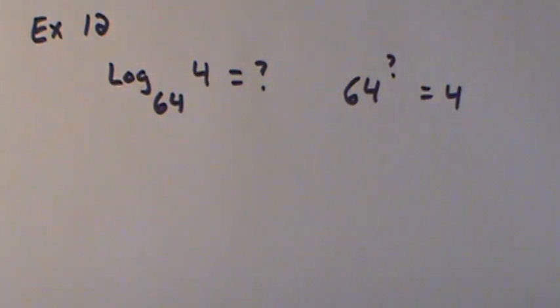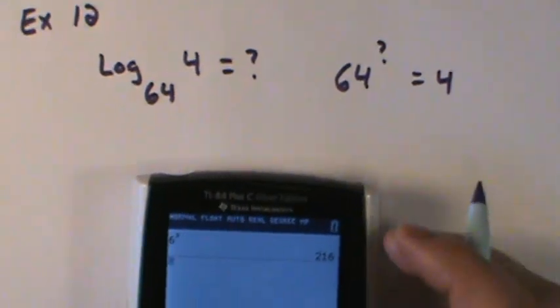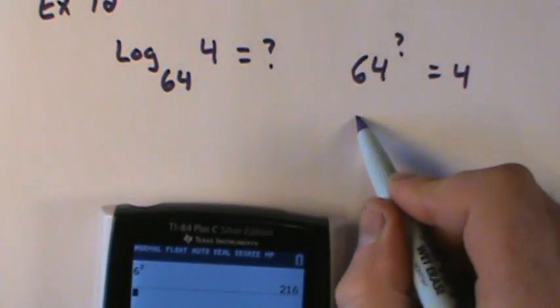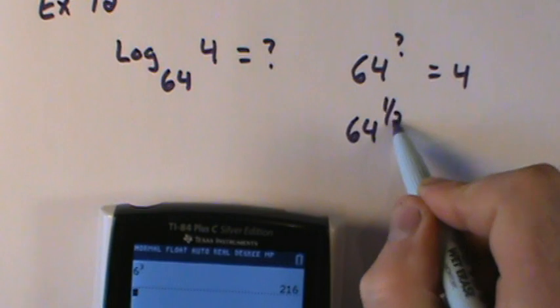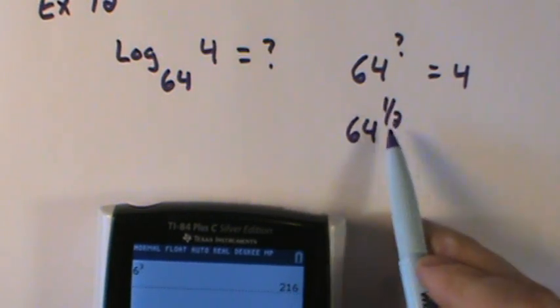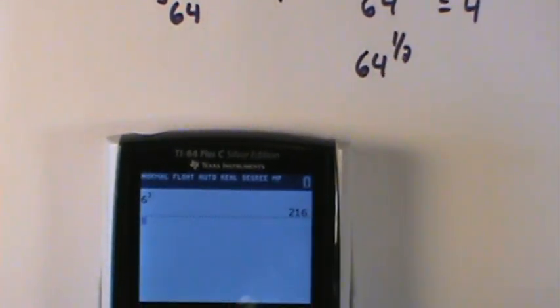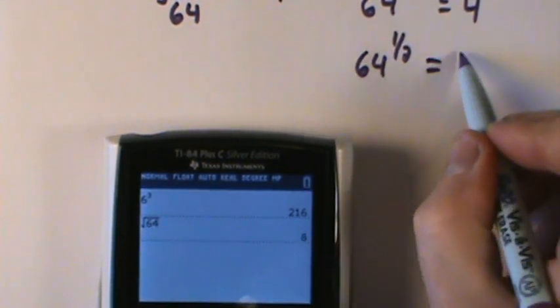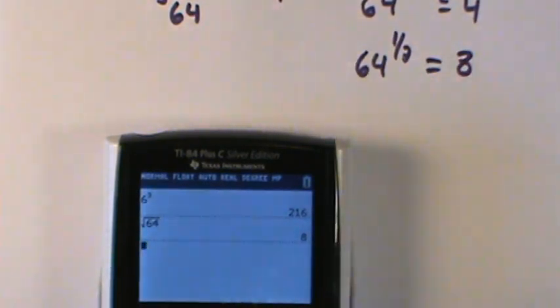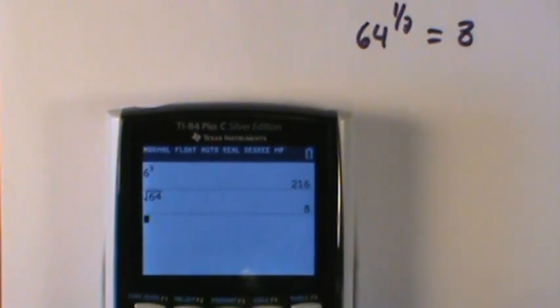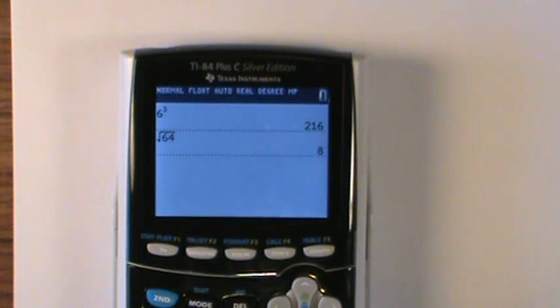Again, you may have to go to your calculator. And as we looked at in a previous example, 64 raised to the 1/2. The 1/2, when you go up to a fraction, that's a root. So I could do a square root of 64. That gives me 8. So that's not quite big enough. Let me do a cube root, which in my calculator, if you can see my calculator here, I don't have to use that square root. I can actually raise it and then just put it in as a fraction to the 1/3.